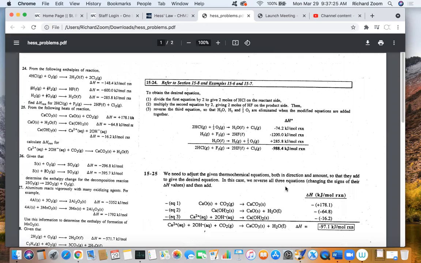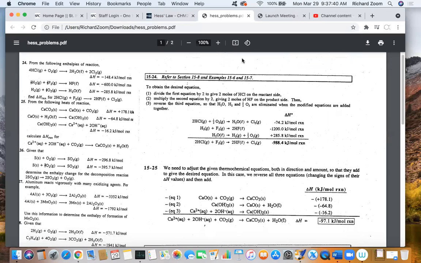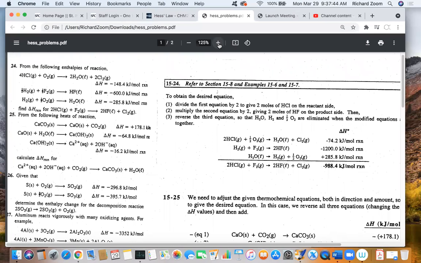Now, typical Hess law problems involve, let's see, what's a good, I'll look at number 26 first. It's a little bit more simplistic than the other ones. So 26, I'll enlarge this a little bit. There we go. Hopefully you can all see that.